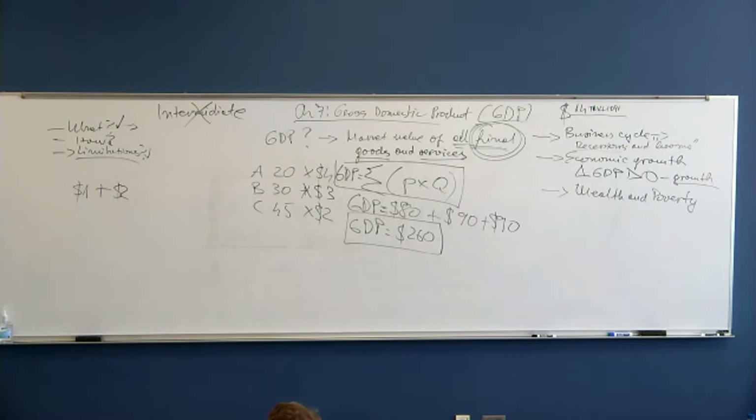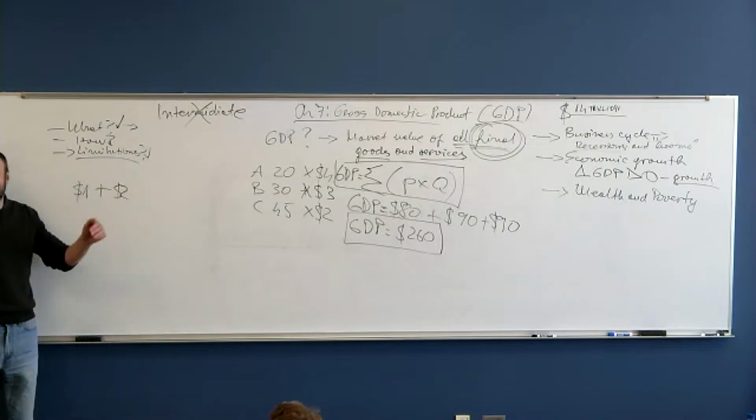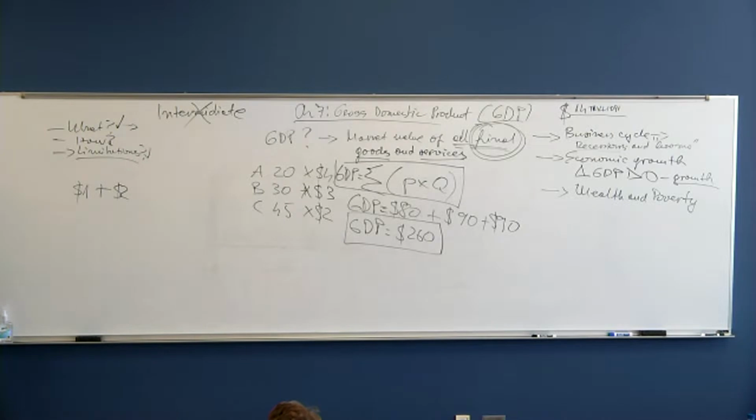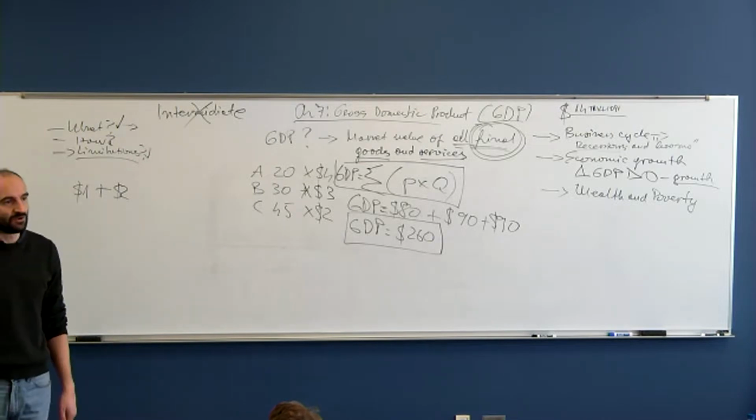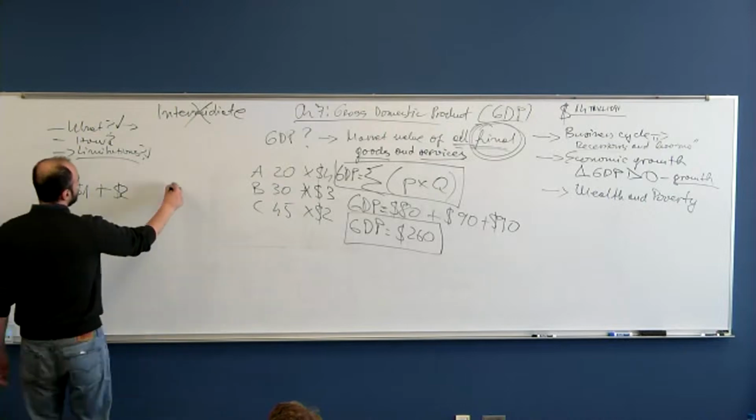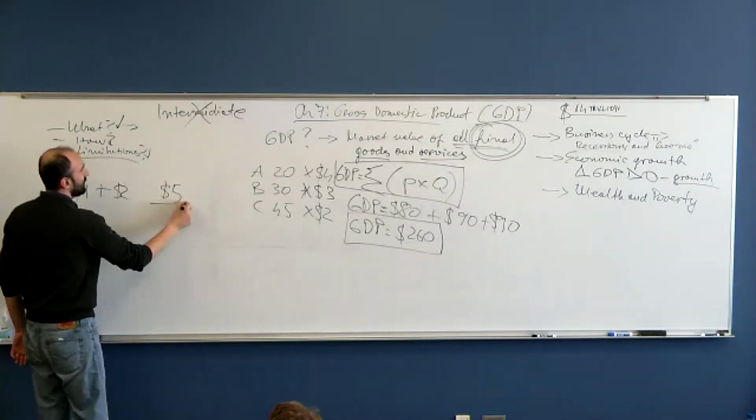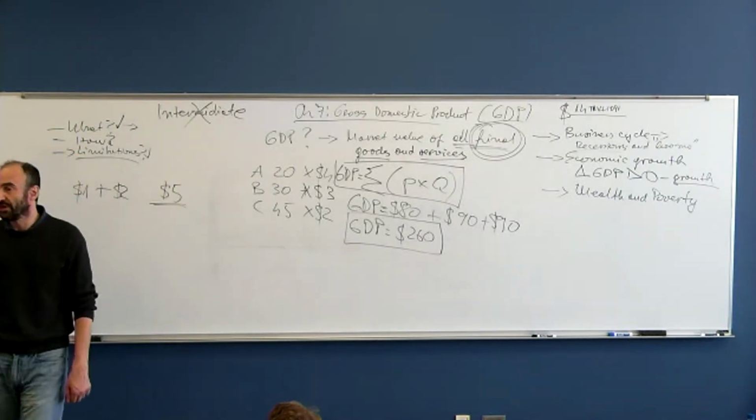So that's $1 more of additional value. And so on down the line, you have this succession of stages of production during which additional value is created, that is eventually paid, let's say, at $5 as the final price for a loaf of bread.